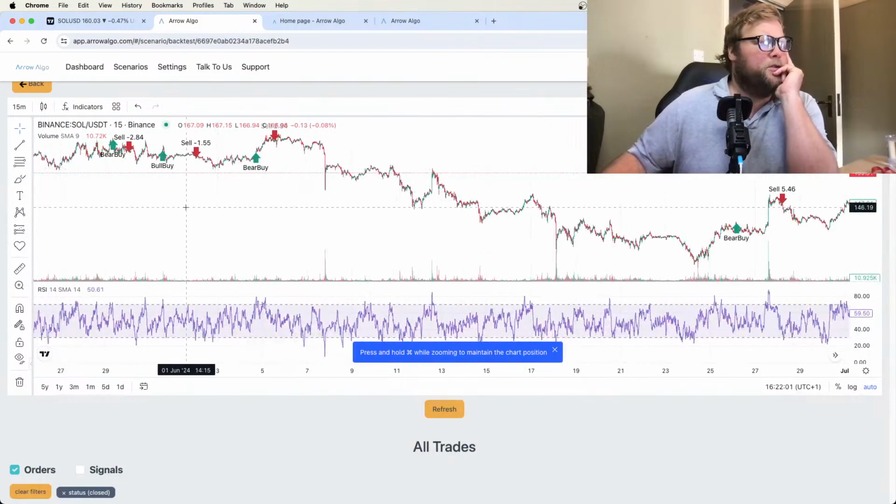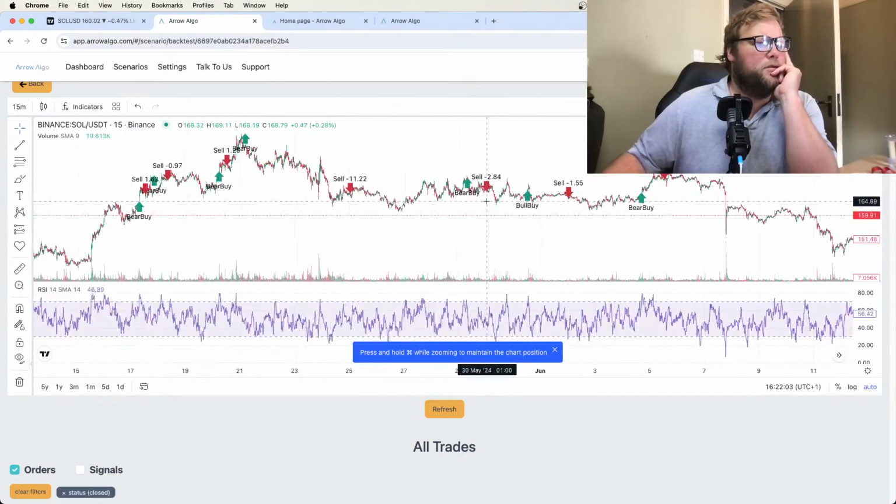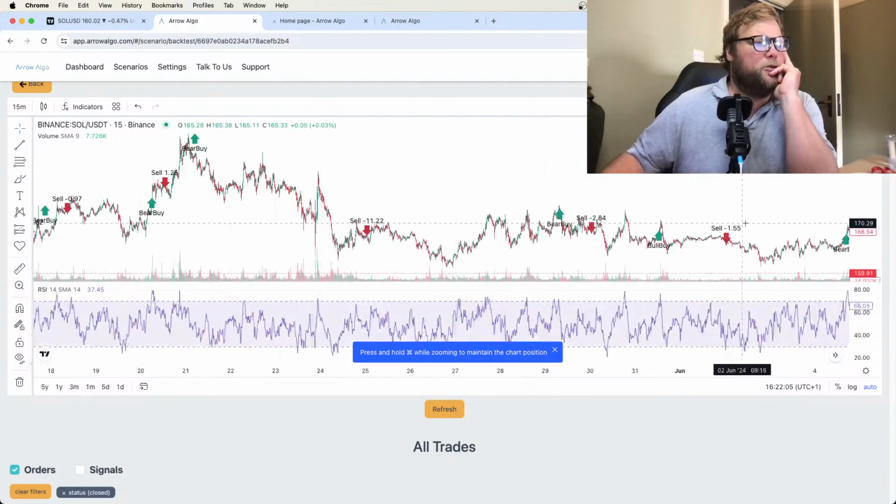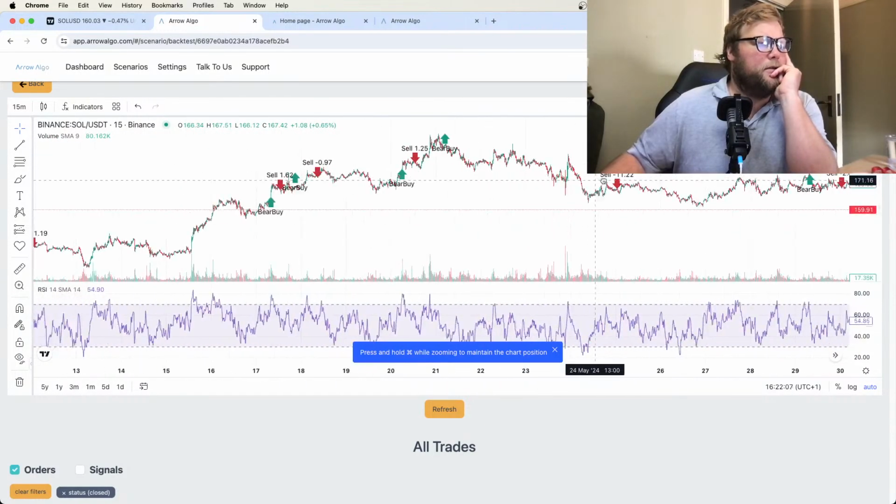So now what I've done here is I've changed the graph to 15-minute periods to see if there's something on a shorter time frame that we could have seen that would have put us off there.